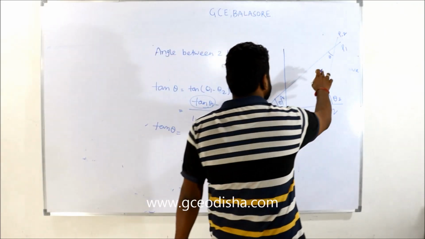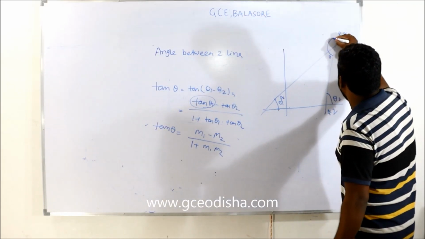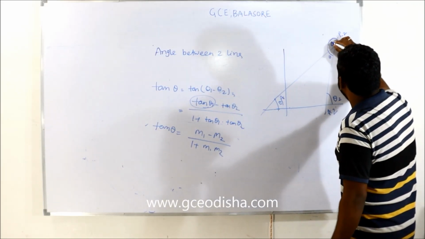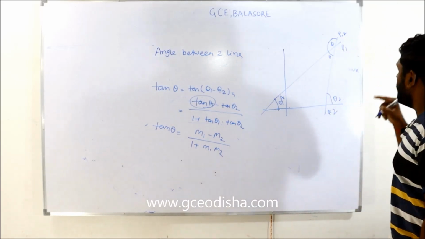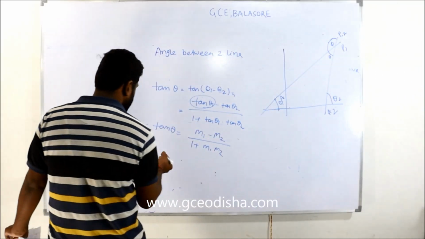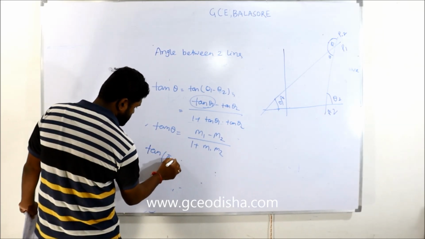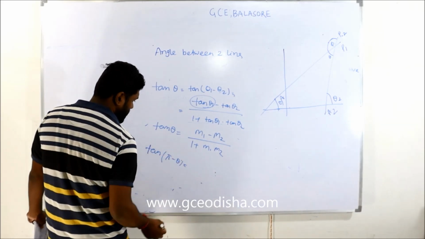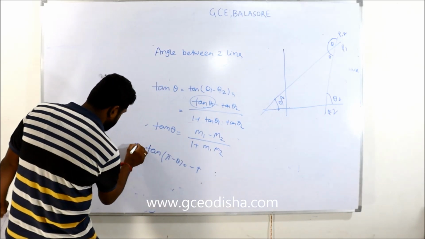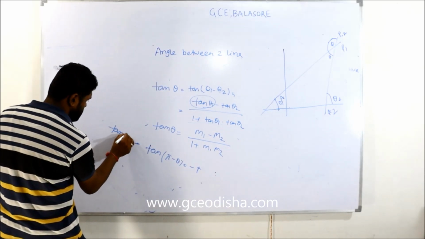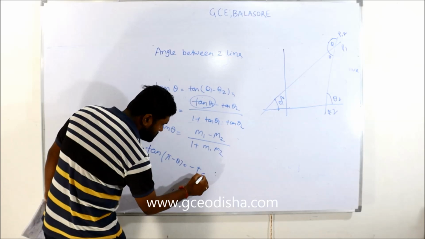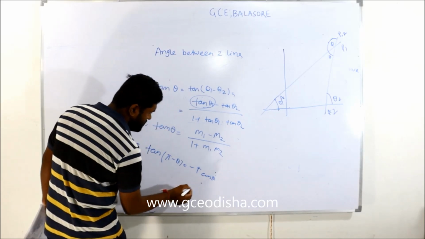This is tan theta. When you find tan phi, like this is theta and this is phi, then tan of (phi) is equal to minus tan of theta.